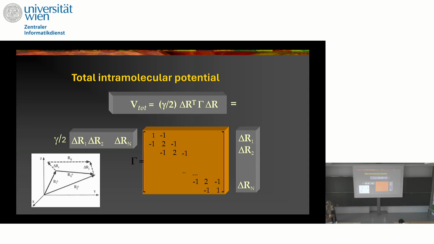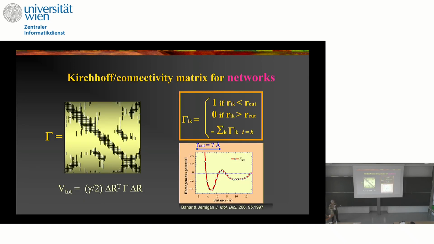And this connectivity matrix in this product yields the overall potential. In the generalization to any network, you're going to have not only a linear chain, but off-diagonal terms also in the connectivity matrix.